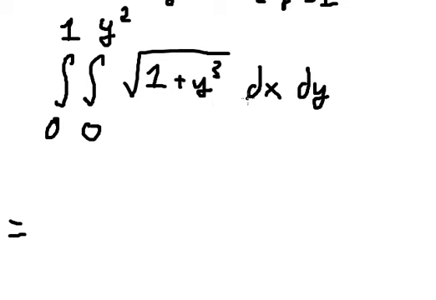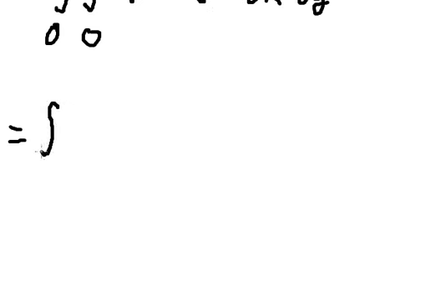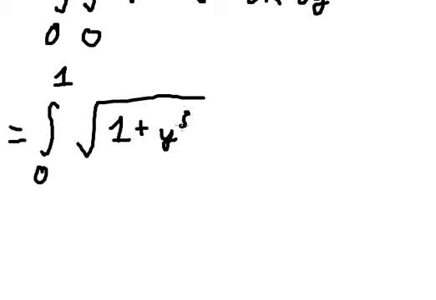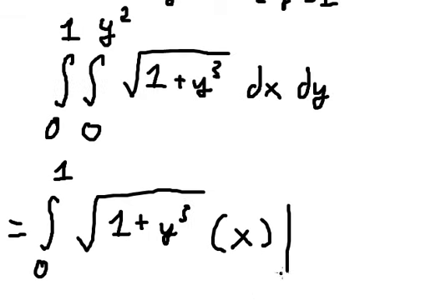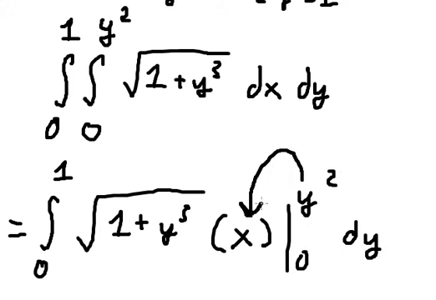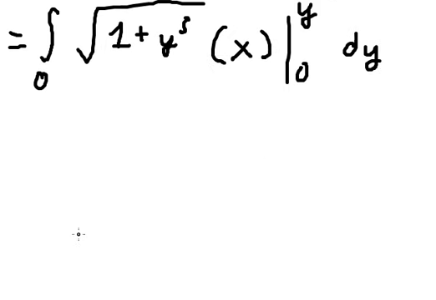So we don't have x. The integration of x, you get x squared over 2. And we put the bounds from 0 to y squared. So I will put this one here, number 0 here, and we have y squared.